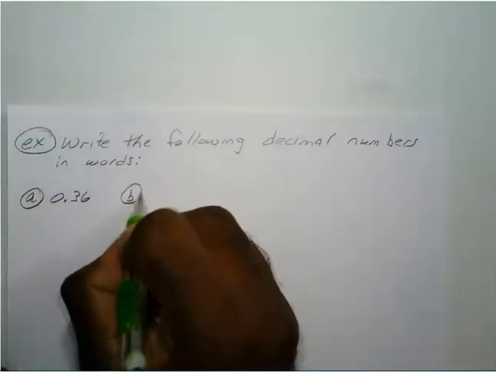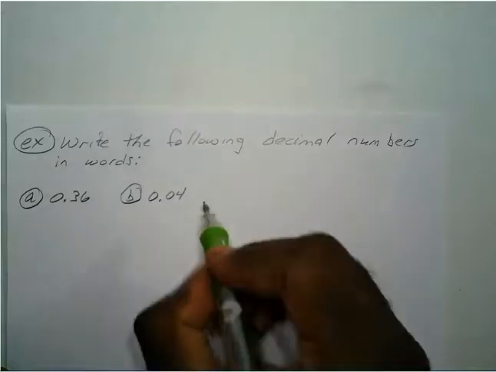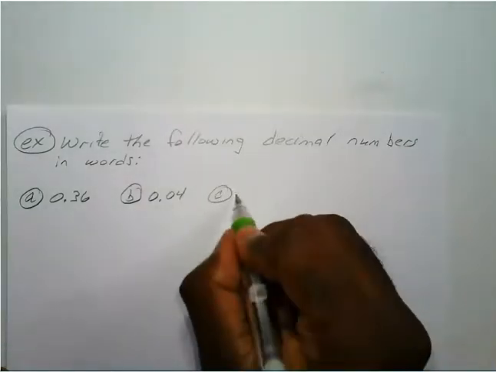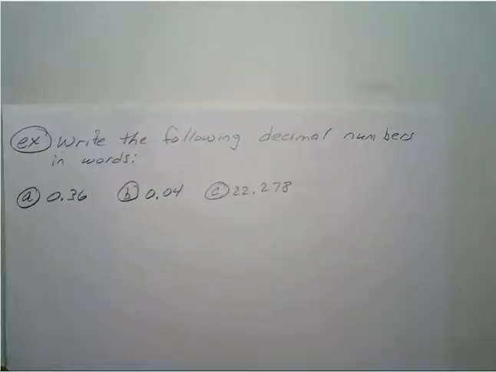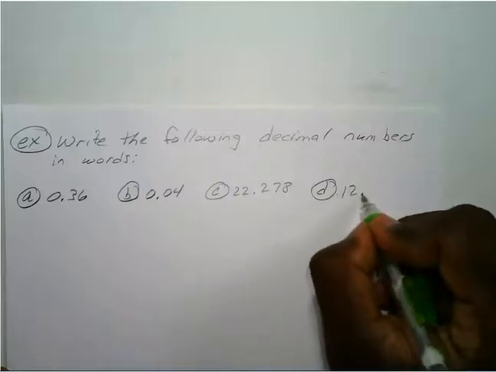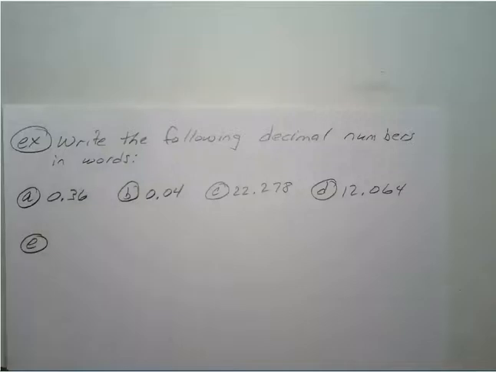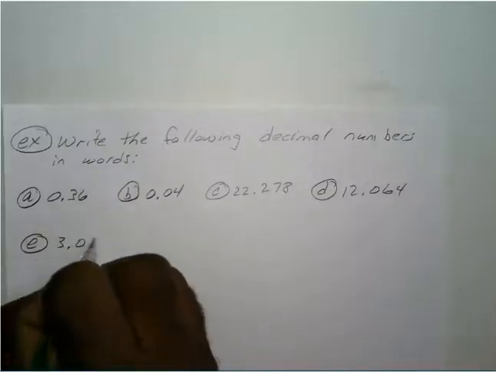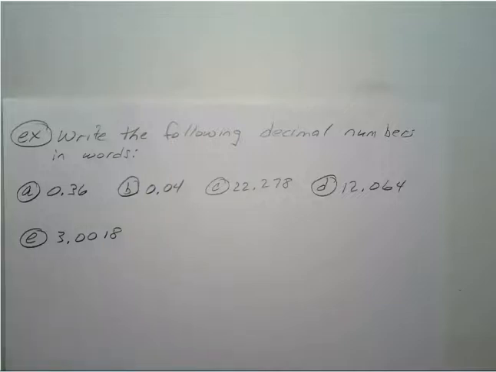For problem B, we have 0.04. For problem C, you have 22.278. For problem D, you have 12.064. And for problem E, you have 3.0018. So we're going to write all of those in word form.